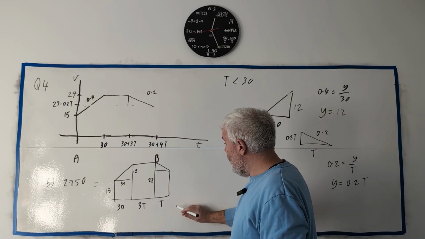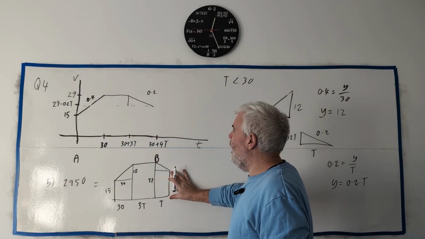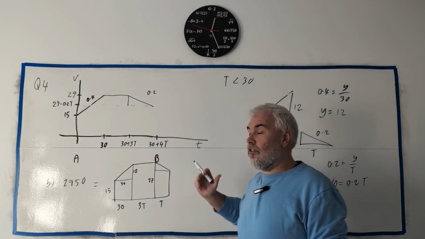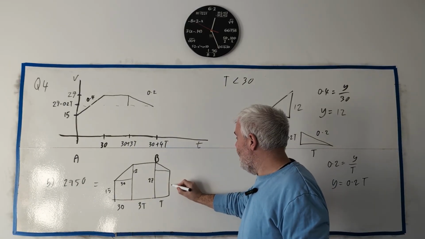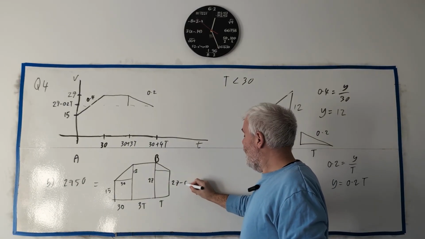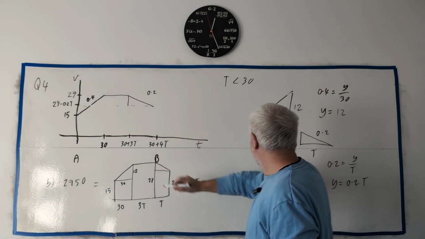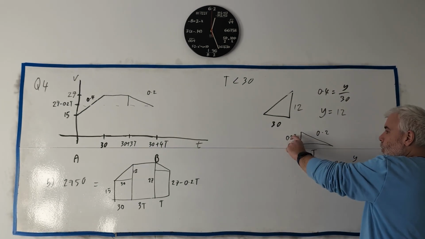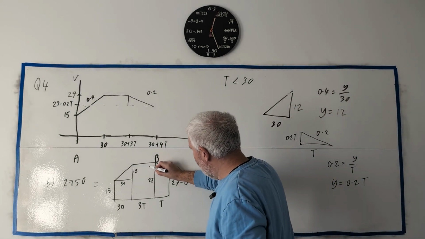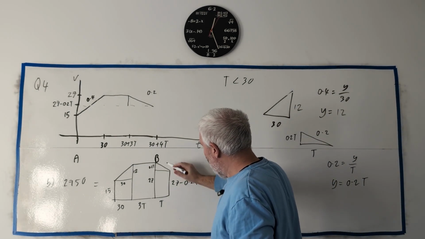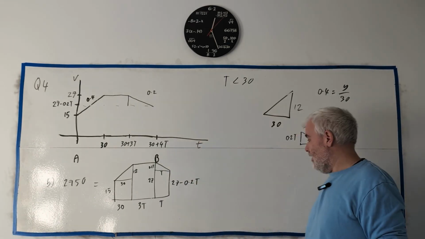This number here is t. This height, that's actually the work we just did, is the number we need there. That's 27 minus 0.2 t. And this triangle in here, this height here was 0.2 t. Let me squeeze that in. 0.2 t. And again, that's a t there.